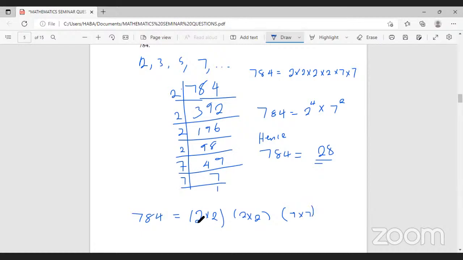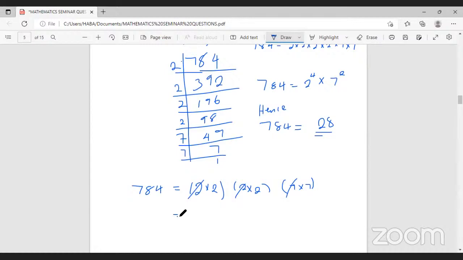So we can cancel out 1 from each pair, and then we remain with 2 times 2 times 7. So this would give us 4 times 7, and it gives us 28. So that would be the square root of 784.